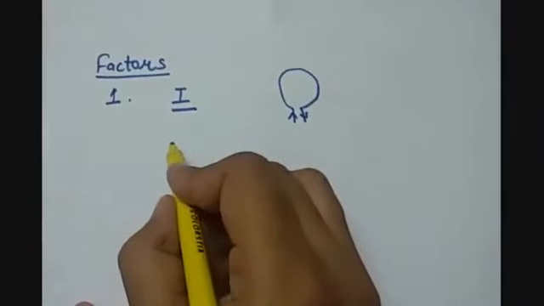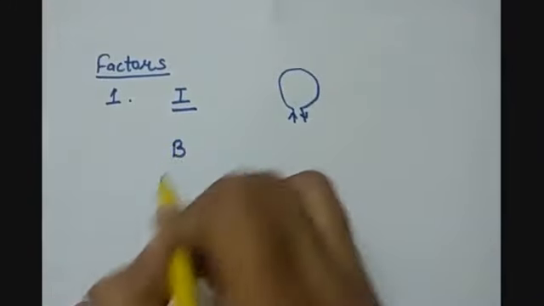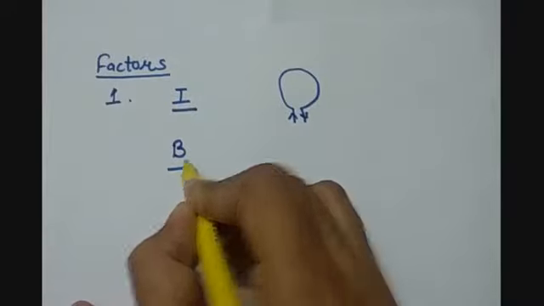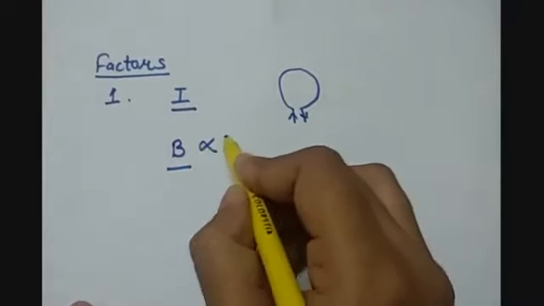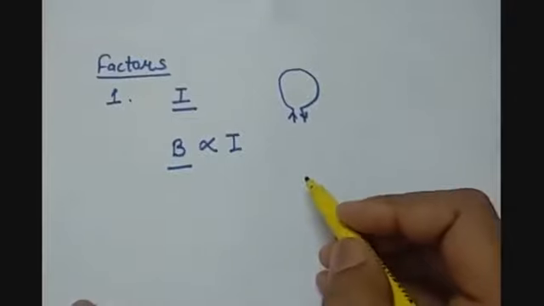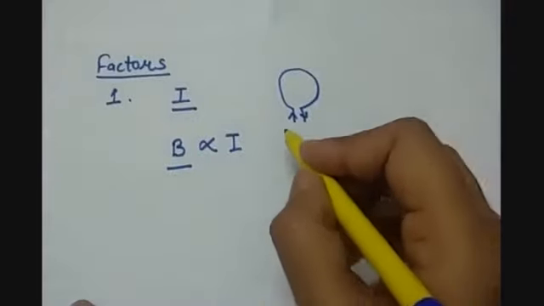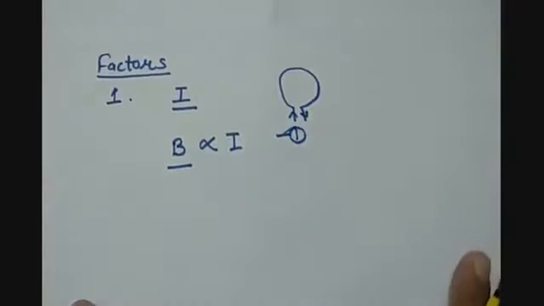So the magnetic field strength of a circular loop is directly proportional to the current flowing in the circular loop. This will be our first equation.